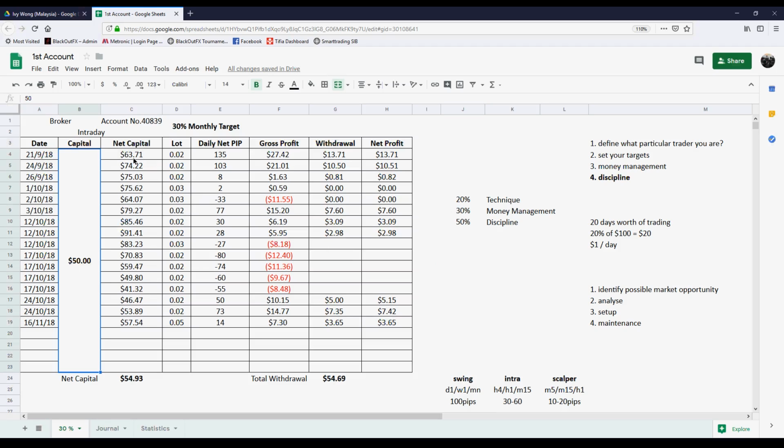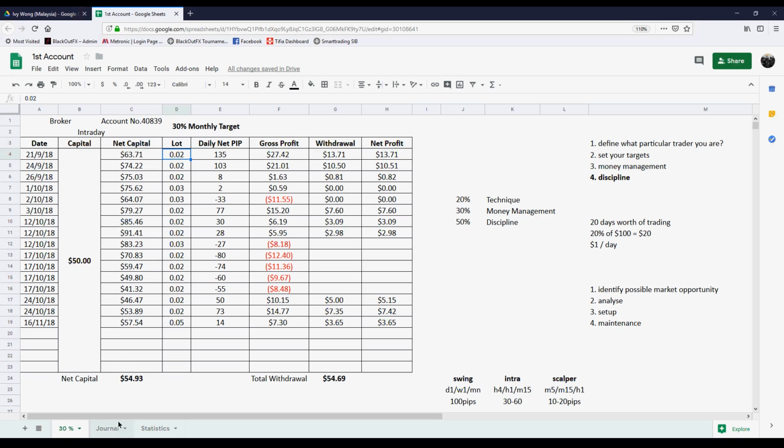On her first trade, her first entry was at 0.02, and the daily target that she managed to get was about 135 pips, and from this she came up with a gross profit of $27. What I told her was that every time she makes a profit, she withdraws half of it and retains half of it. So her account is growing and she also does withdrawals.